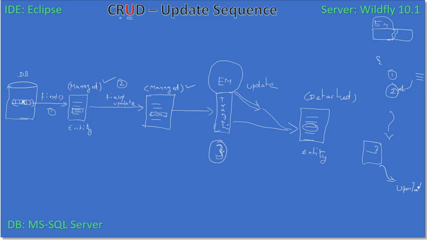So this is the update sequence. If you see here, the state changes are managed, detached, right? Once the transaction commits, the state always moves to the detached state.